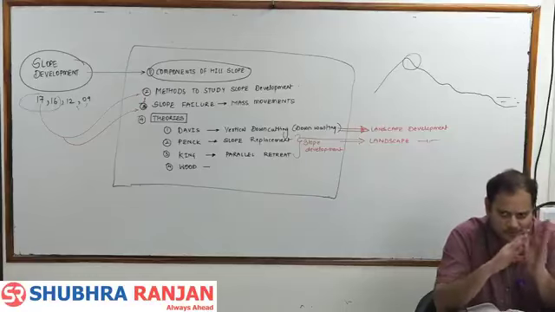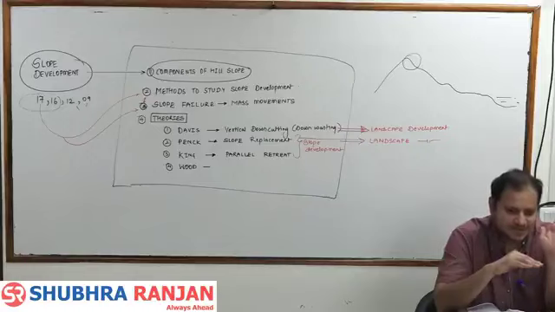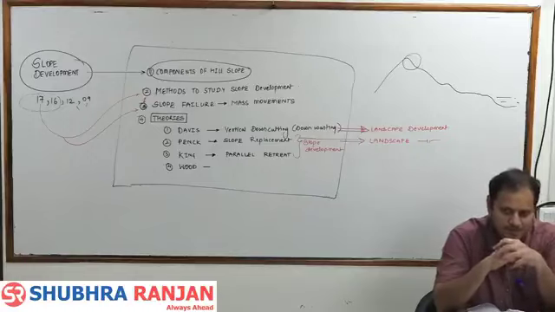I guess you know what is a slope. Anything which is at an angle at a greater height is slope. So major portion of the Earth's landform consists of slopes.